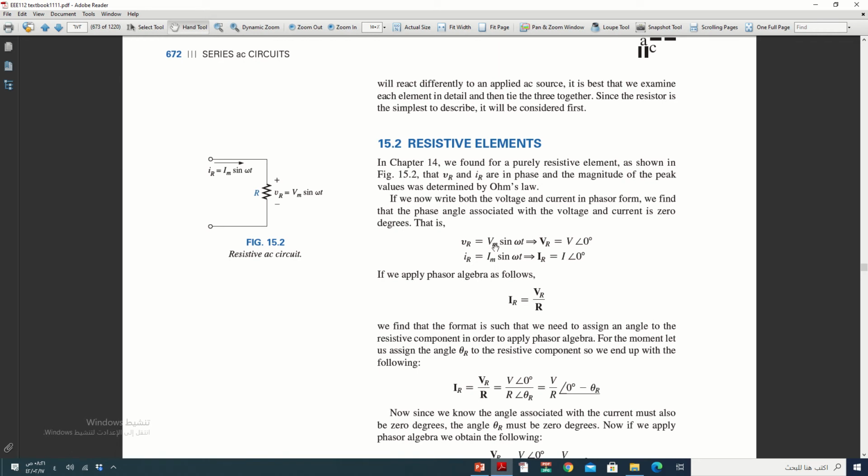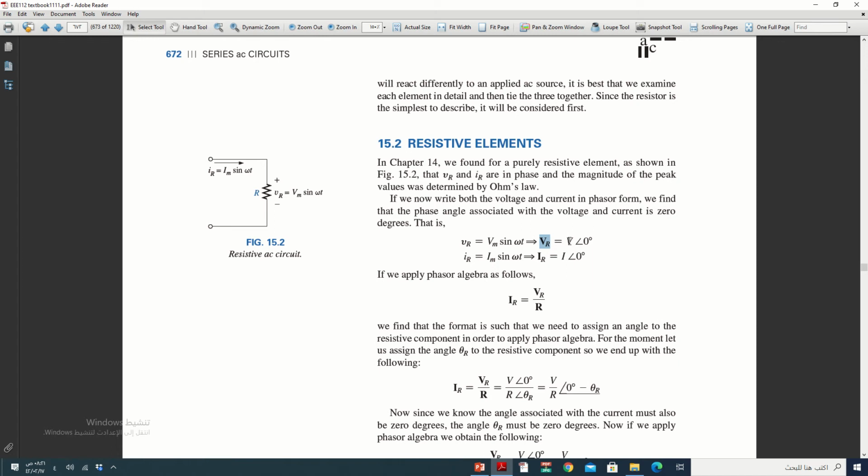Now we'll try to write this expression in phasor form. When we write the sinusoidal expression, we write a small letter v, and when we write phasor form, we will write it with a capital letter.